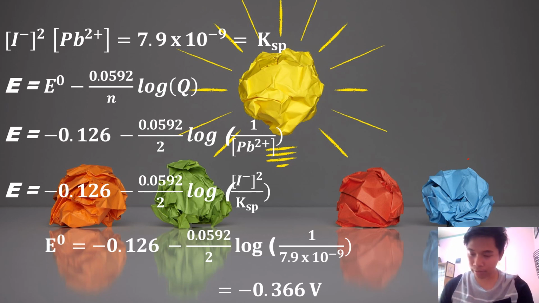Now the E standard cell potential is equal to negative 0.126 minus 0.0592 over 2 log 1 over Ksp, which is 7.9 times 10 to the negative 9, which will give us a voltage of negative 0.365830, or just to round it up, negative 0.366 volts.